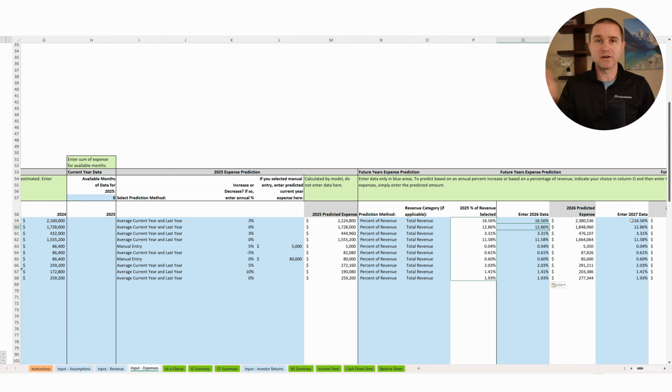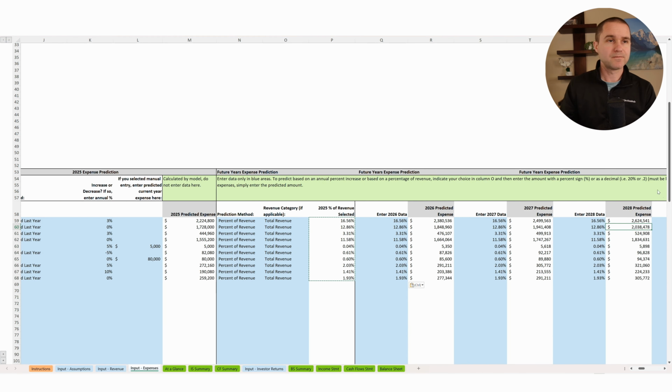That way we can say, you know what, expenses as a percentage of revenue are just going to stay the same percentage in future years. Now that might be a conservative approach as you're looking for financing, to say, yeah, we think maybe we can do better, but we're going to project, let's just say, our net profit margin stays the same, and see how that models out.